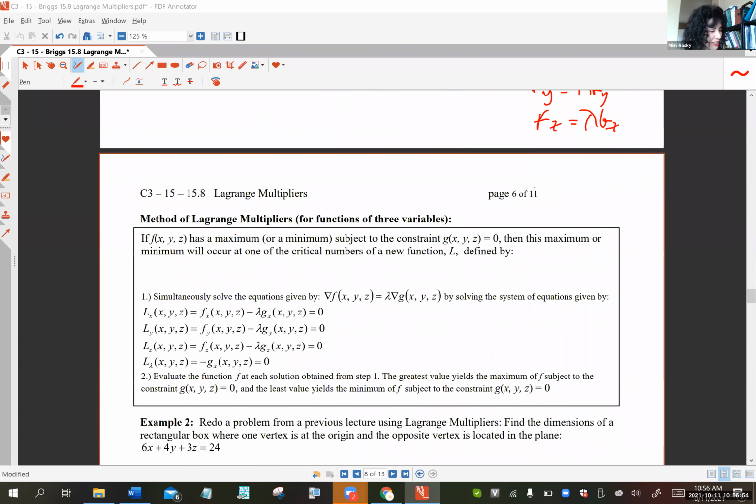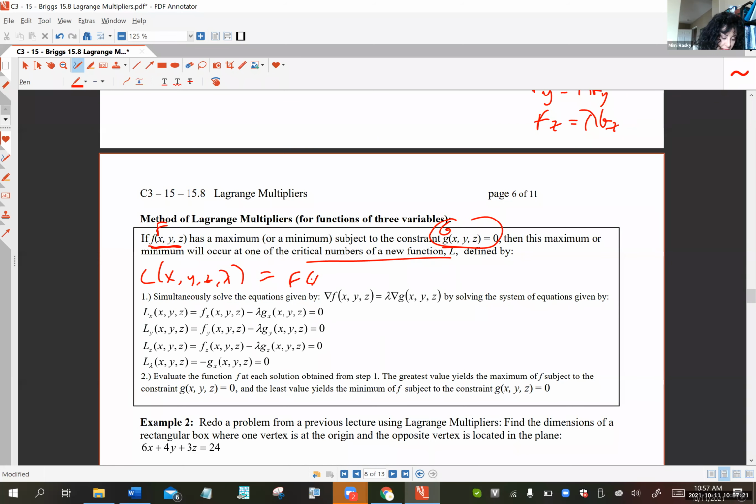All right, so here it is officially, the way I do it. If you're trying to optimize f, and I usually call this big F, but we could call it little f, subject to a constraint little g, I typically call it big G, where you rewrite it as big G equals 0. Then the max or min is going to occur at the critical numbers of this new big function L, the Lagrangian, which is going to be a function of 4 variables, x, y, z, and lambda.